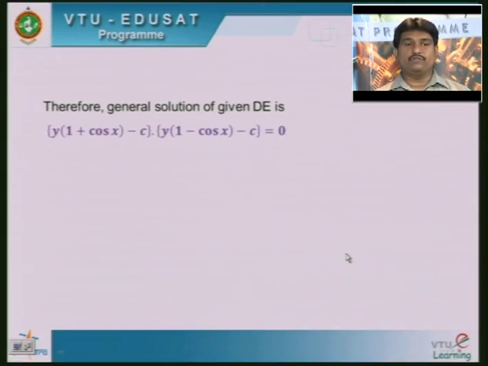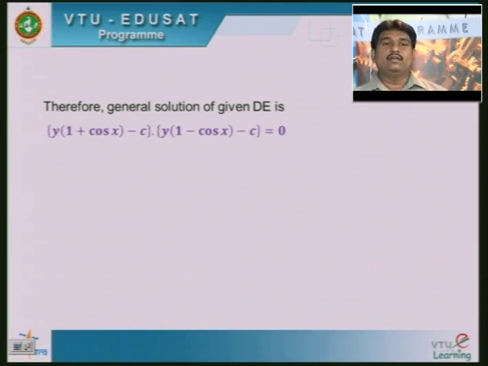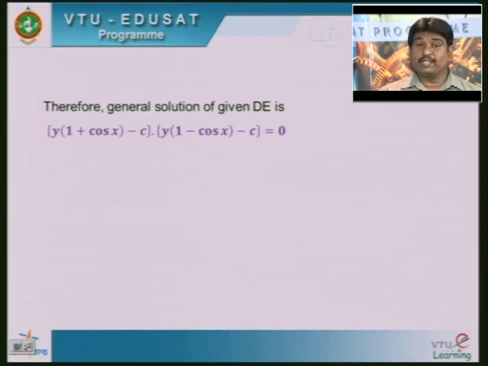Therefore, solution of the given differential equation is y into 1 plus cos x minus c, which is solution of the first part, and y into 1 minus cos x minus k. Instead of k I have written c, because general solution of first order differential equation must contain only one arbitrary constant.